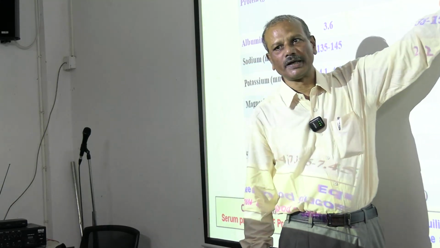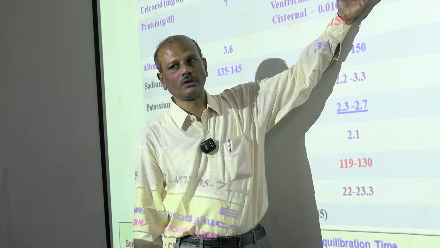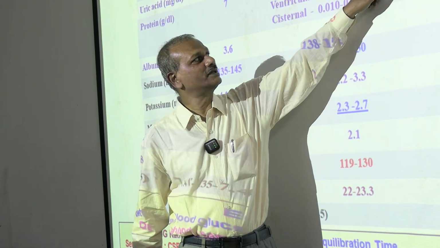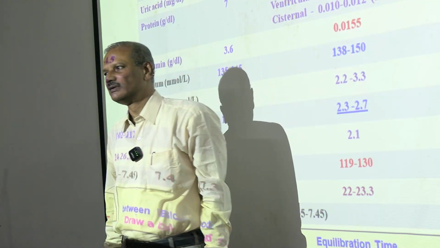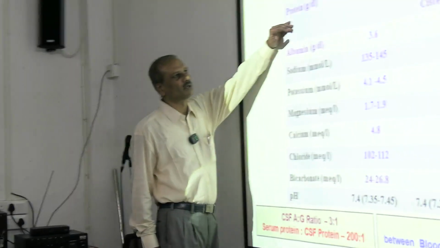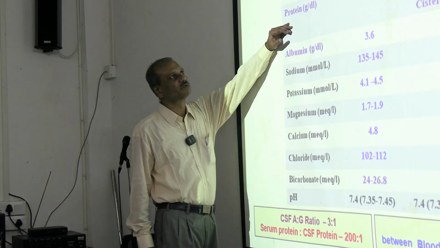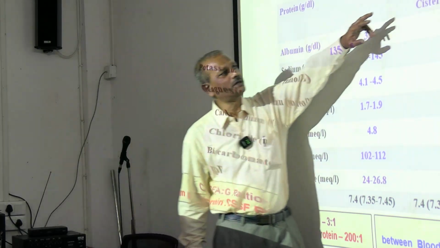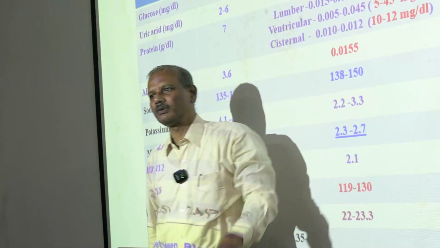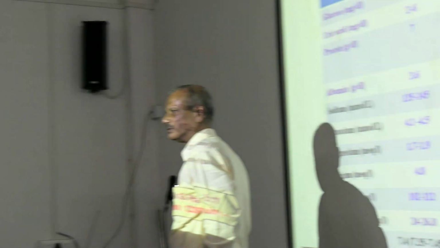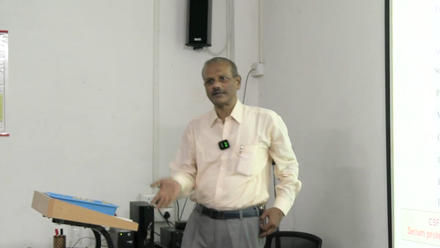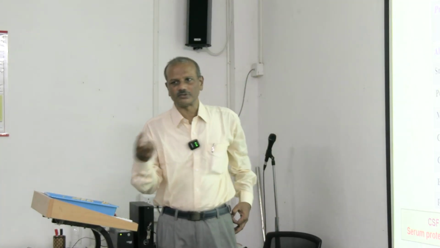CSF composition also varies a little bit, and we draw the sample from the lumbar puncture. So these will be the reference range for protein. What is the normal level of CSF protein? It will be 15 to 45. Similarly, CSF glucose will be around 40, 45. Fasting level, I am just telling you. With the diet, it will go on varying, and then the brain will also extract glucose.